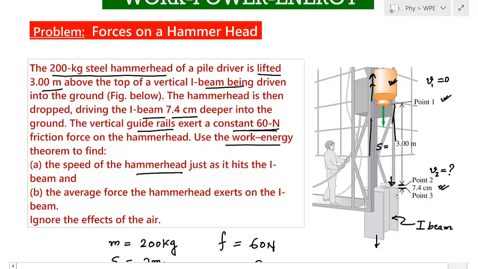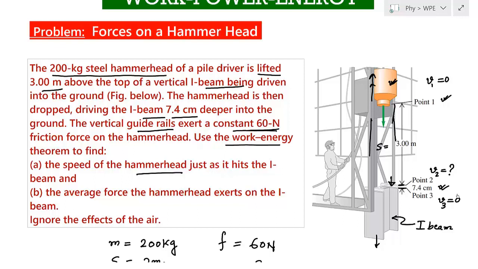Finally it will come to rest after driving the I-beam inside the ground, so the final velocity is again 0. So v1 is 0 as well as v3 is 0. We have to find v2. We'll consider this problem in 2 parts and we will use the work energy theorem.